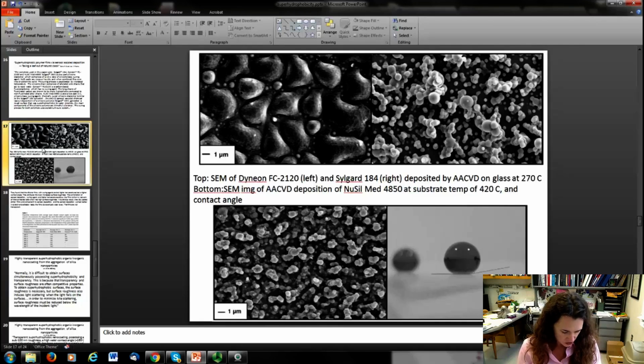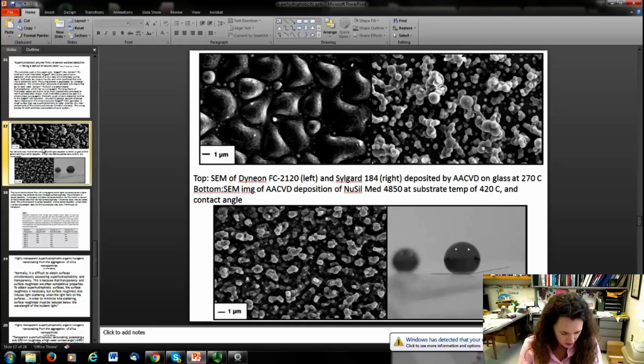And these are two-part silicone elastomers comprised of a 10-to-1 ratio of a silicone base and a curing agent. And also Dyneon is a carbon-based fluoroelastomer, which has no curing agent. And then they tested another two-part elastomer with a silicone base, that was a NuSil Med, and tested all of those.